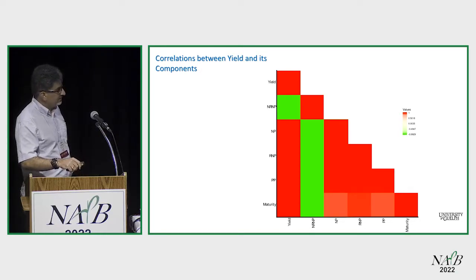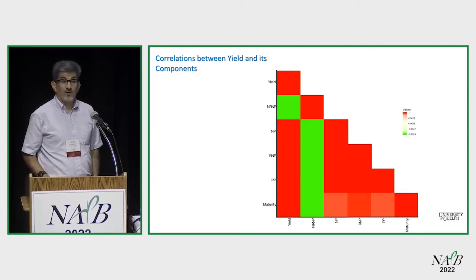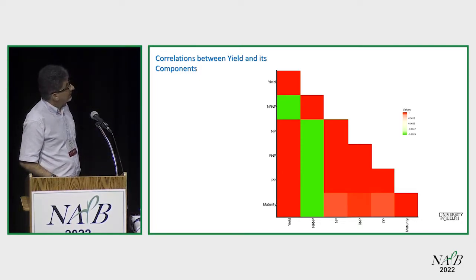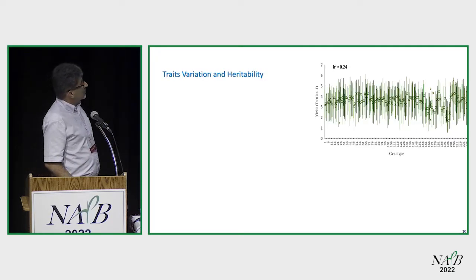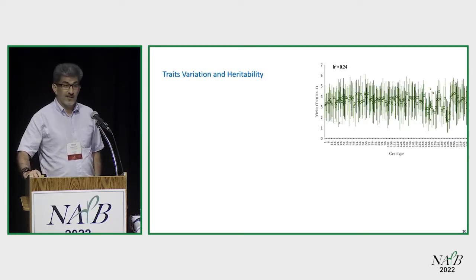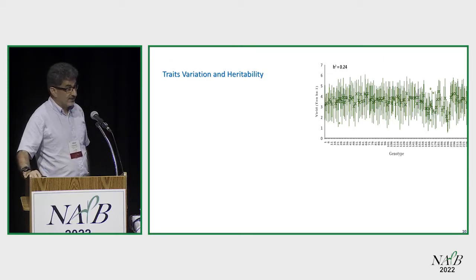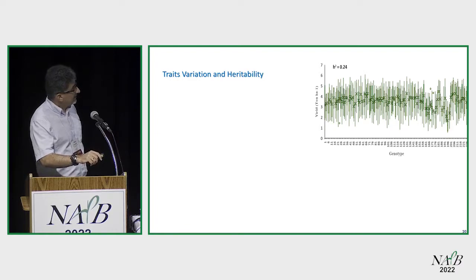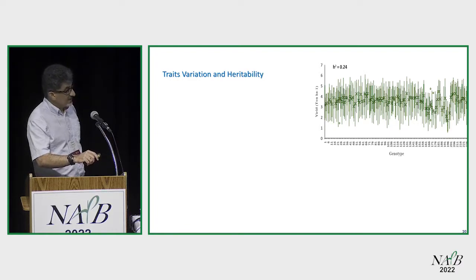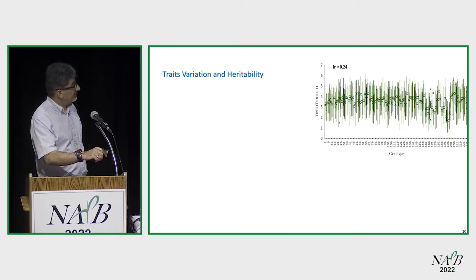The correlation between the other components is positive, a strong or moderately strong positive correlation. And also the variability and heritability of the yield and its components. This graph shows yield on the y-axis, and on the x-axis we have the genotypes.